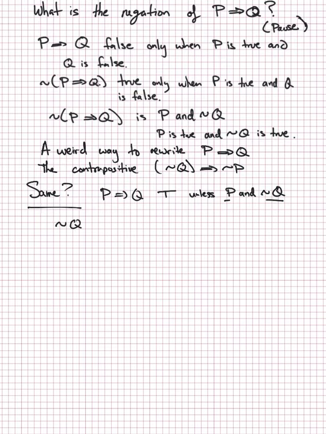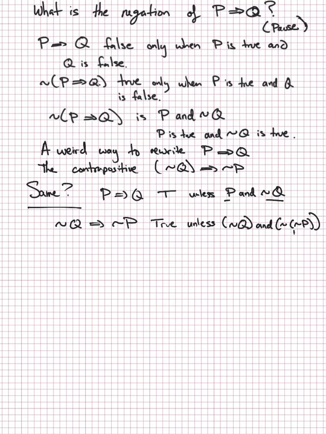Not Q implies not P is true unless not Q and not P. Okay, so I'm just writing exactly when the implication is false here.